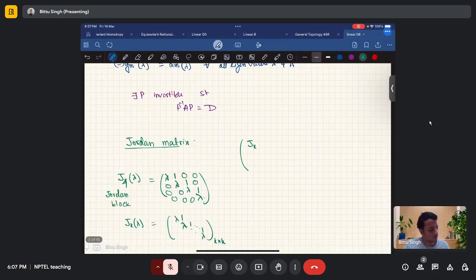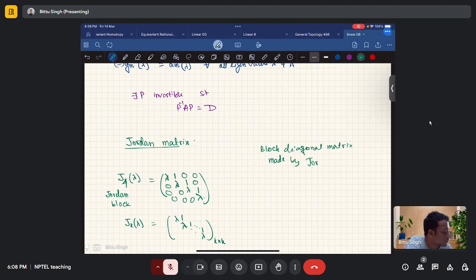This is called a Jordan block. Let us create a block diagonal matrix made by Jordan blocks. It takes the form like this.